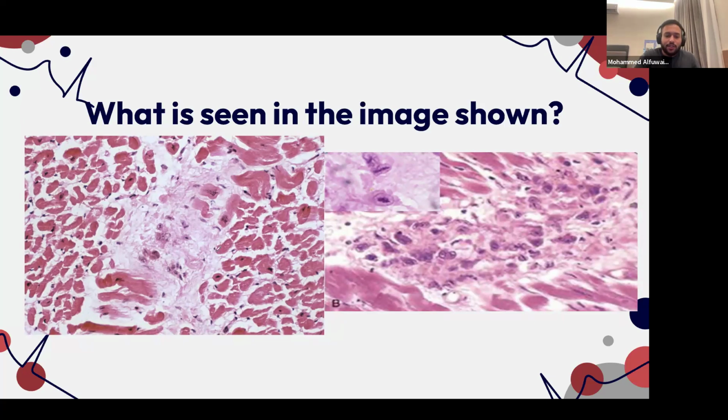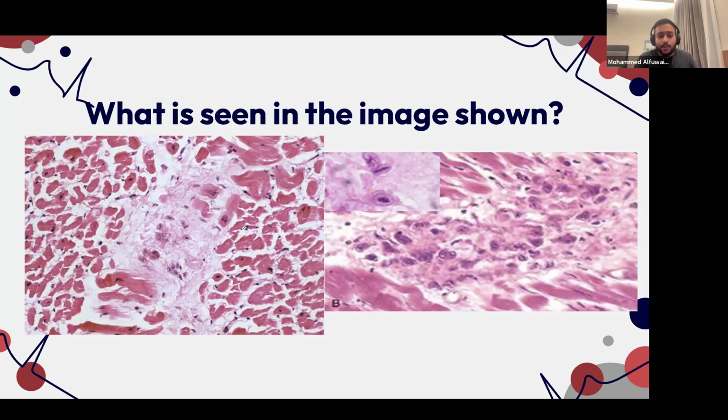What is seen in this first image? Aschoff bodies. Good. And then what are these cells? Anitschkow cells. Good. This is described as caterpillar nucleus.